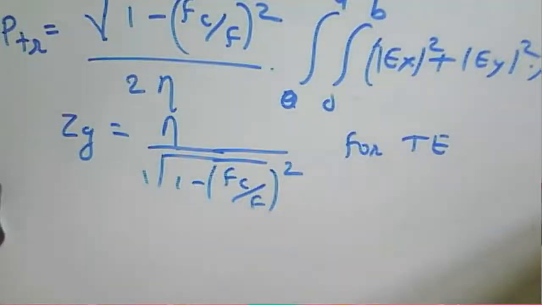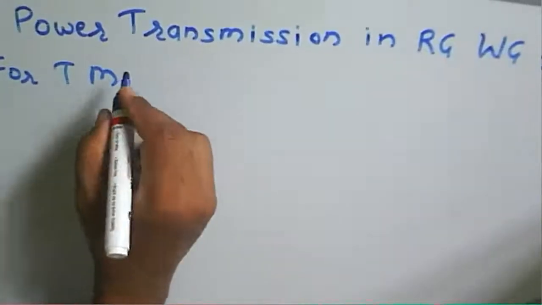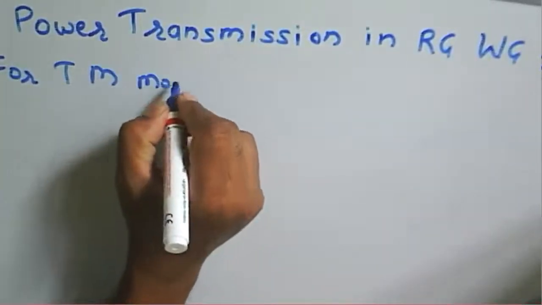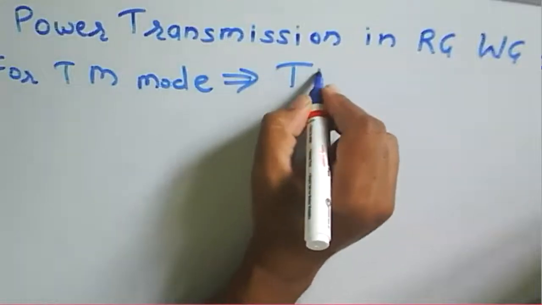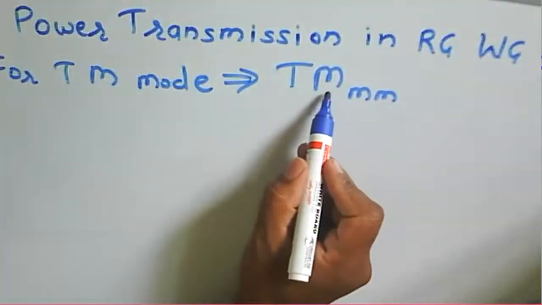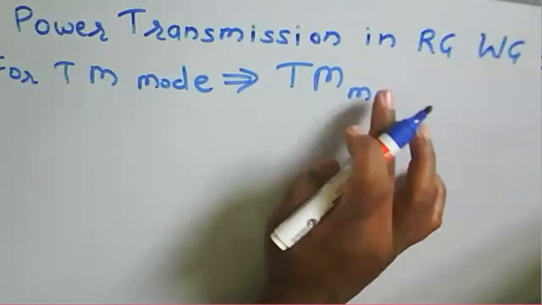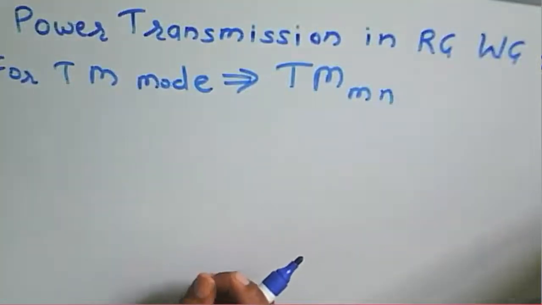Similarly, we can obtain the power transmitted for a TM mode. So for the TM mode, again we say TM_mn, where m and n are the subscripts for the half wave variation.